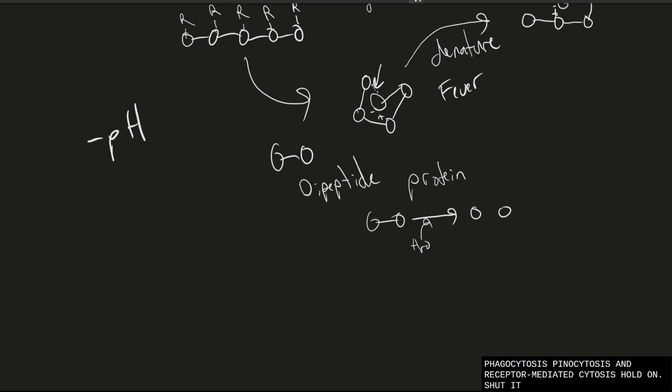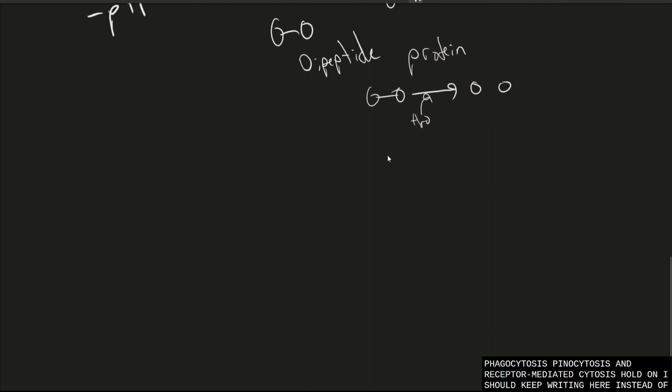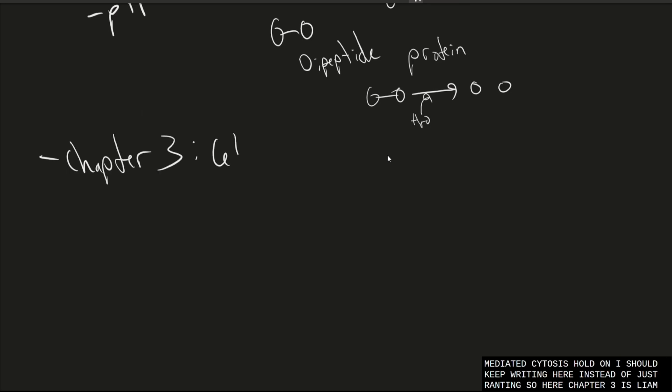Hold on, I should keep writing here instead of just ranting. So here, chapter 3 is the cell. Receptor-mediated endocytosis, pinocytosis, and phagocytosis are the different examples of how things could enter the cell. But the big part for this one is the plasma membrane.